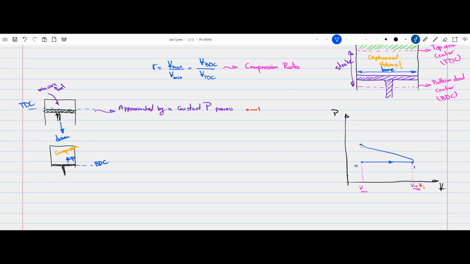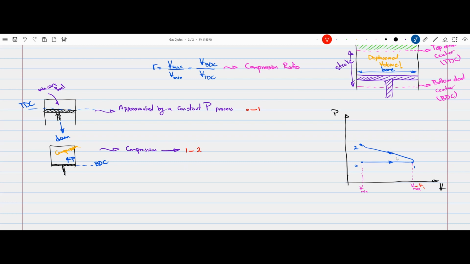Again, remember, we are looking at the actual practical cycle, not the ideal one. So from 1 to 2, I expect a compression that looks like this. So putting it on the paper, this stroke is compression, and I would like to show this stroke with 1 to 2.